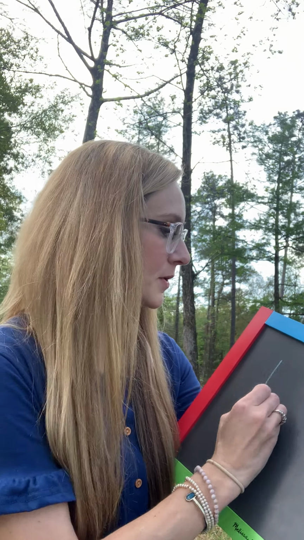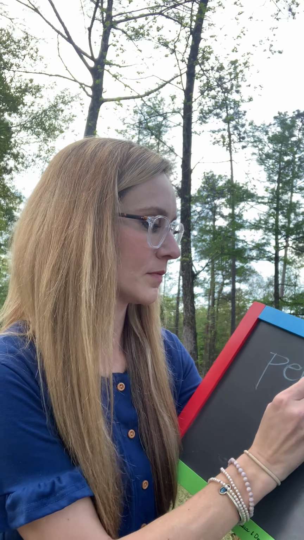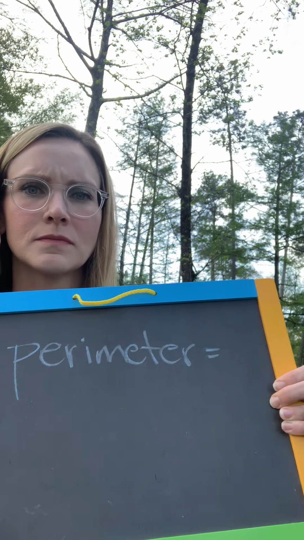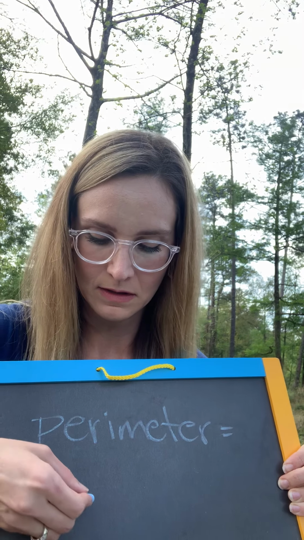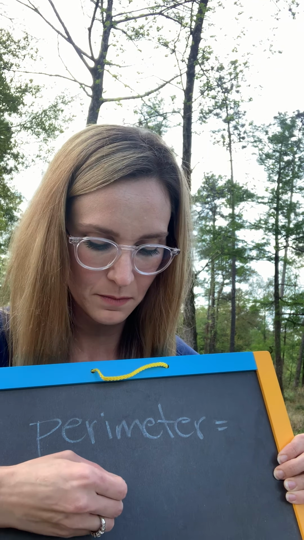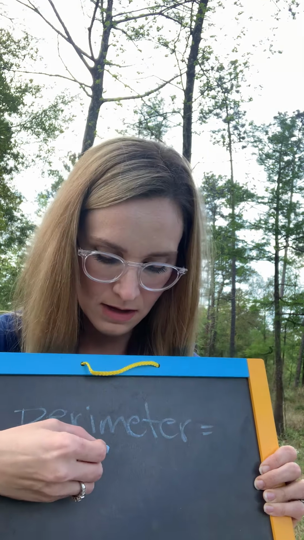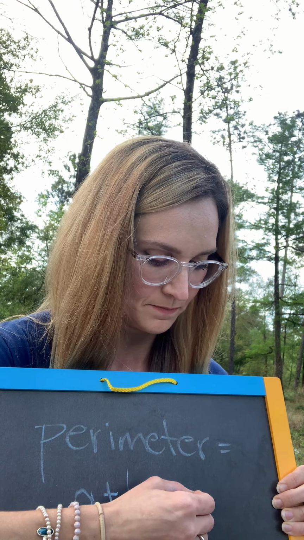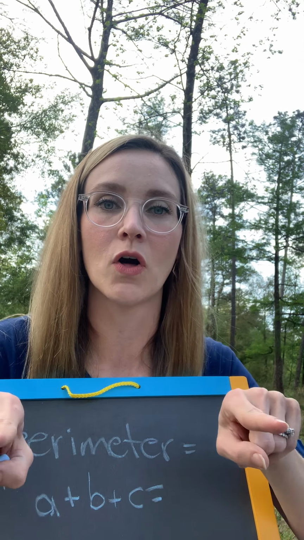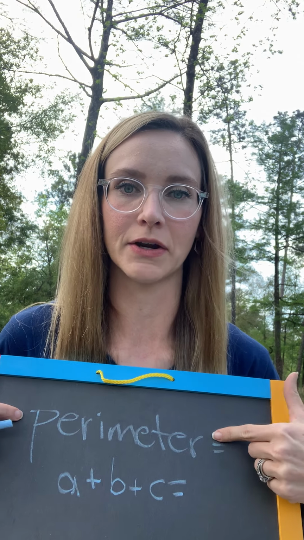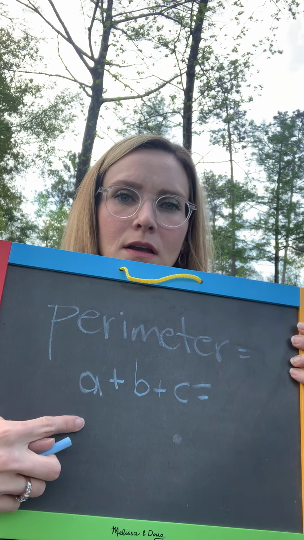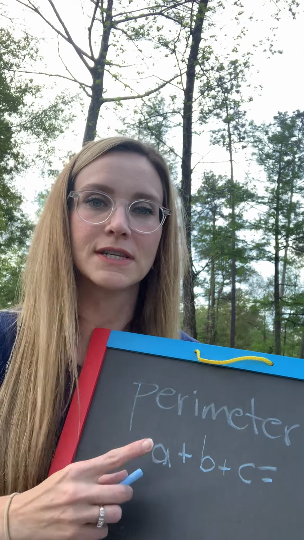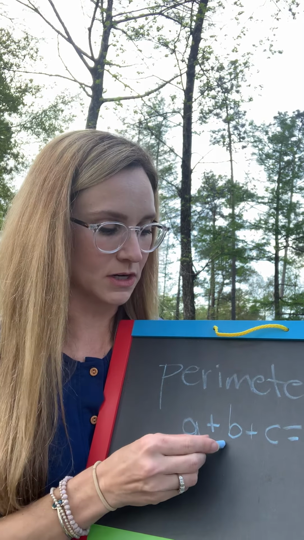Perimeter equals side A plus B plus C, because we add up all the sides to get perimeter, or whatever sides you have. This is for the triangle that you see at the top of your page.